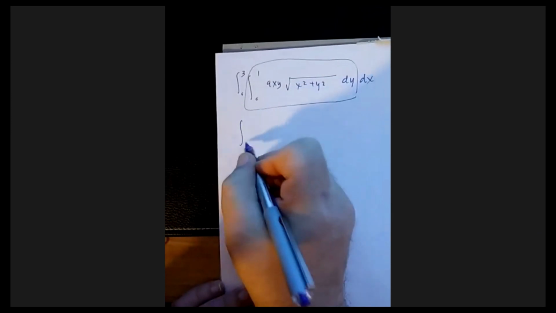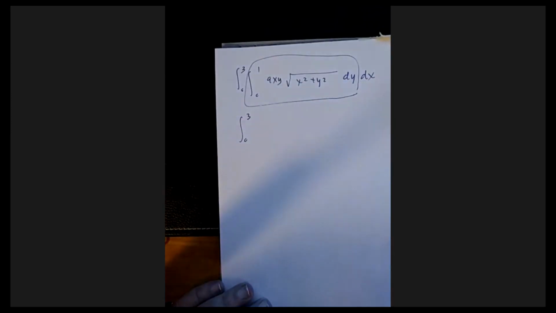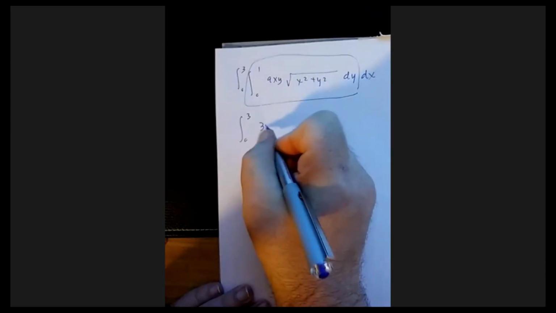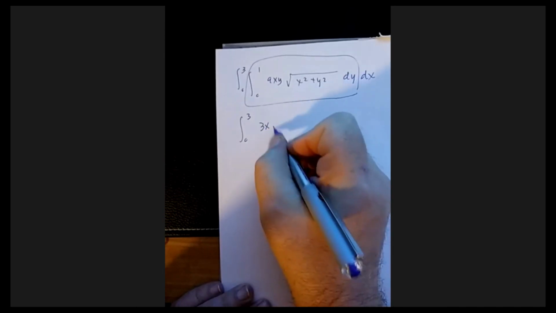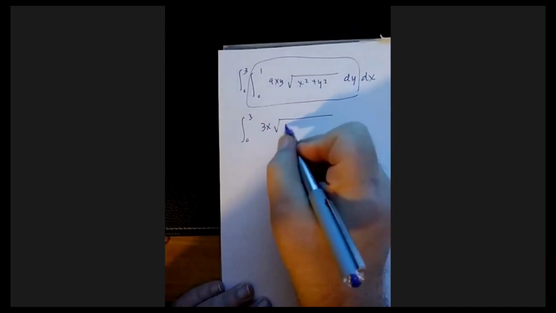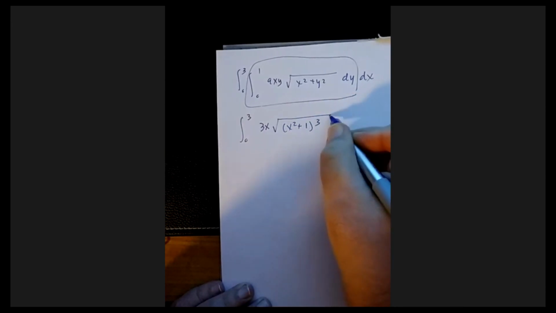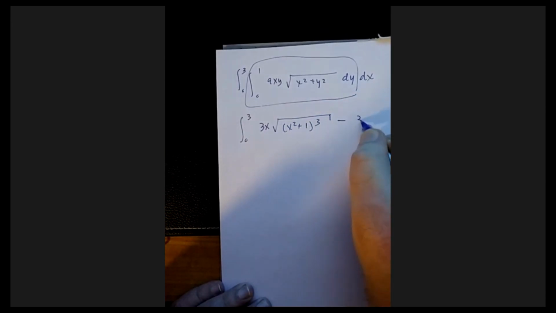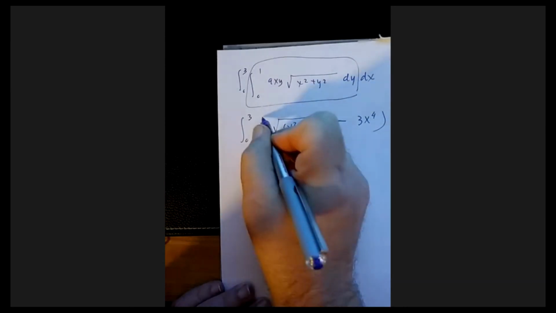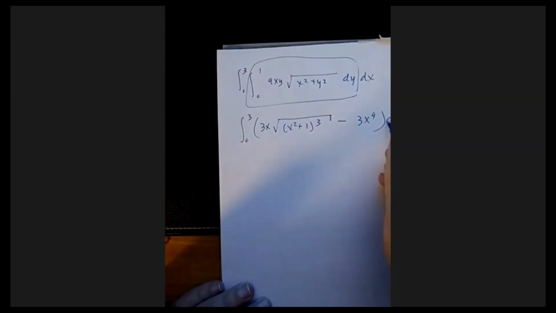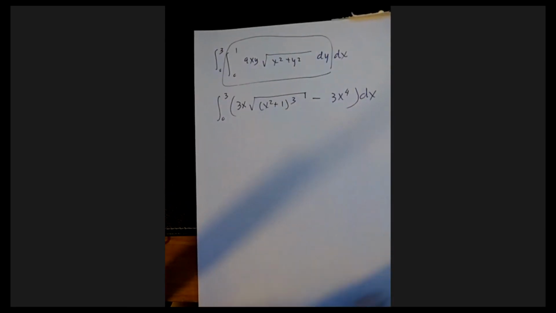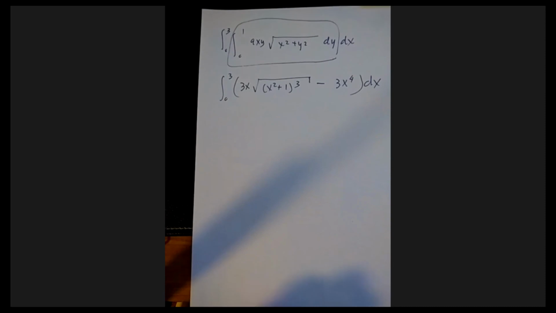We took this piece here, and we found out it was the integral from 0 to 3 of 3x, the square root of x squared plus 1 all cubed, take away 3x to the 4, dx. Okay, so one integration out of 2 is over with.